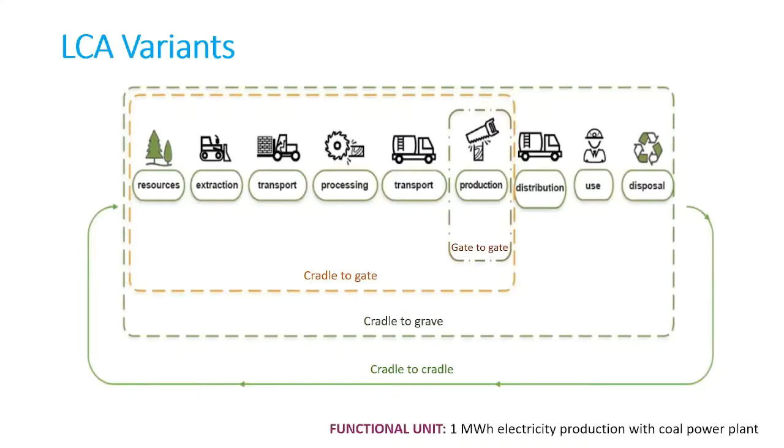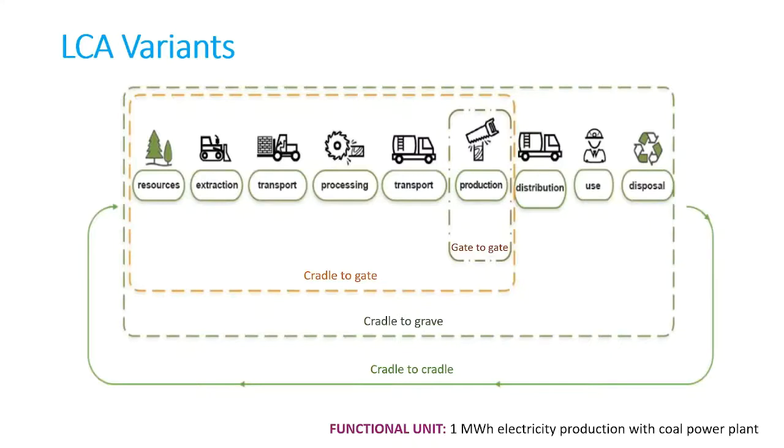Also, the functional unit of this study, which has to be defined clearly in the goal and scope phase of life cycle assessment, is 1 MWh of electricity production via a coal power plant. Therefore, all inventory data should be arranged on a functional unit basis.